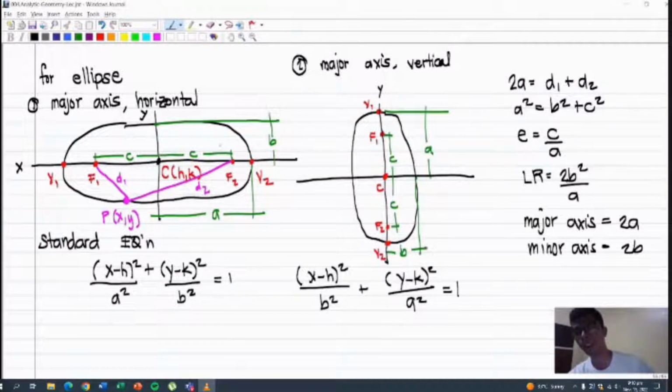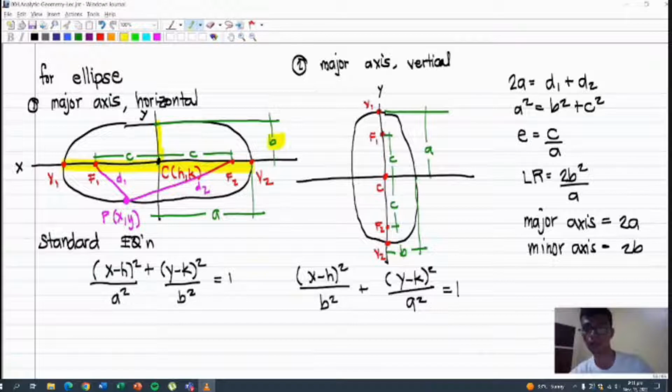So, dapat alam natin yung sa figure ng ellipse, yung mas mahaba na axis, ayun yung A. Ito. So, this is A. Ito yung kalahati. A. So, kung major axis, dalawang A. Ito naman yung B. Ito.